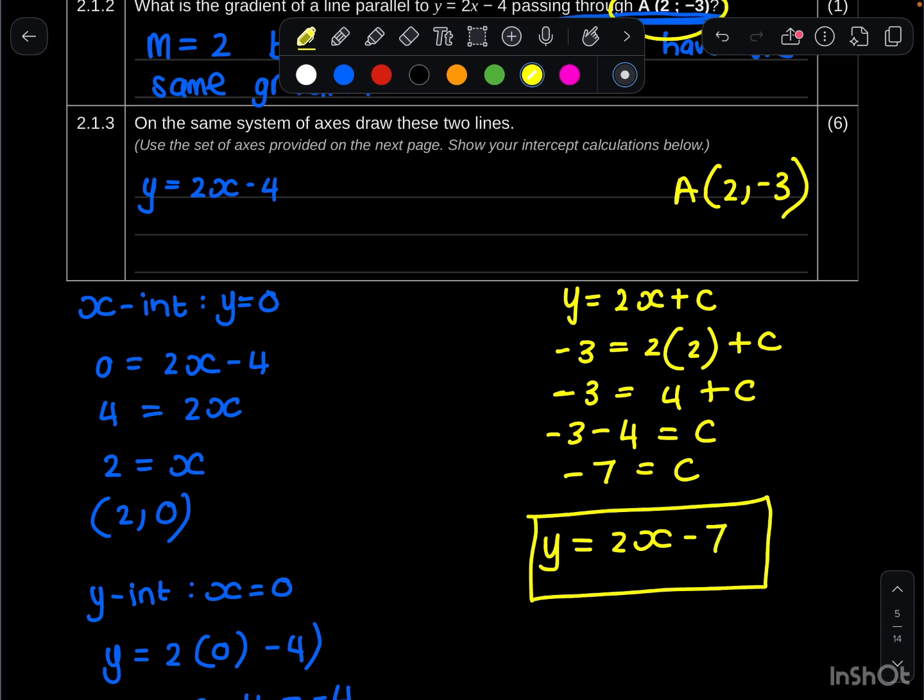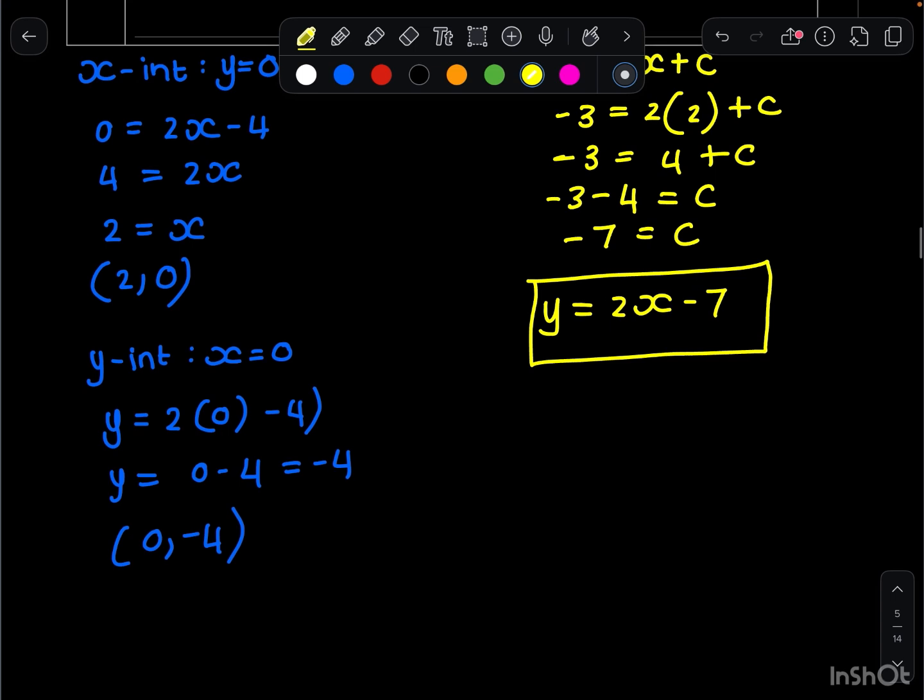So then we can work out our x and y coordinates, our intercepts. Our x-intercept, we said that is when y is equal to 0. So that is going to be 0 is equal to 2x minus 7. Take the 7 across. So 7 is equal to 2x. And we're going to divide by 2.